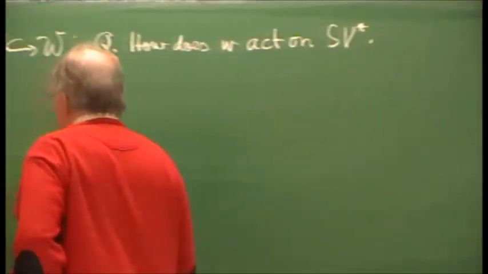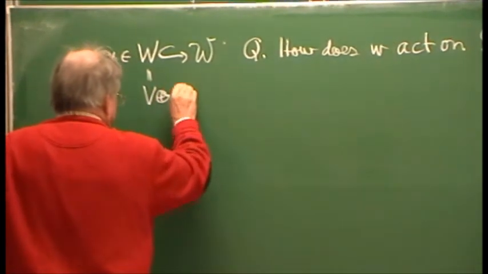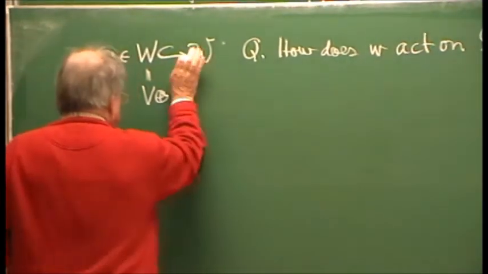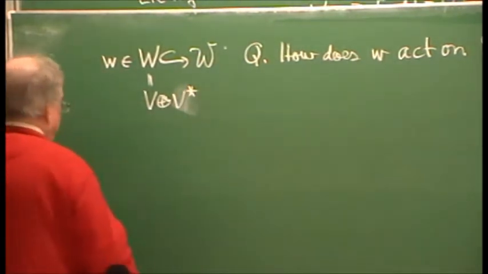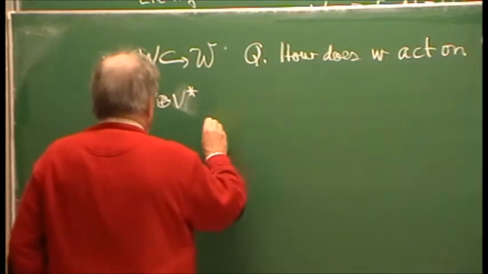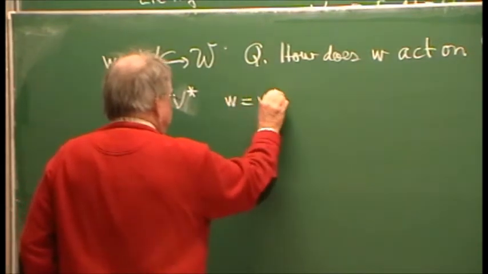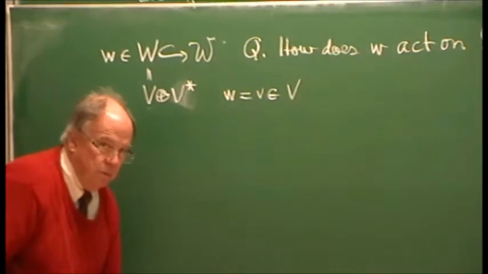Well, let's see here. So W was equal to V, well, the vacuum has to act as the identity, so I don't even talk about it. So that's that. So let me first take W equal to V in V and see how it acts. Okay?